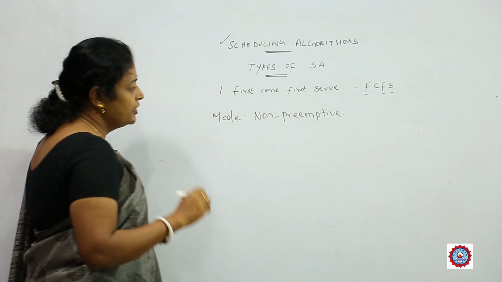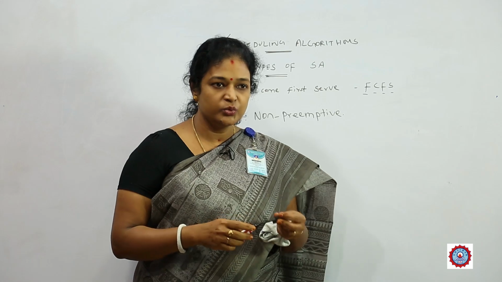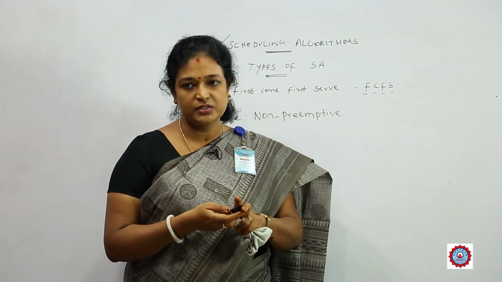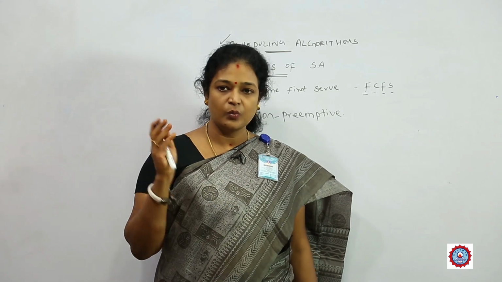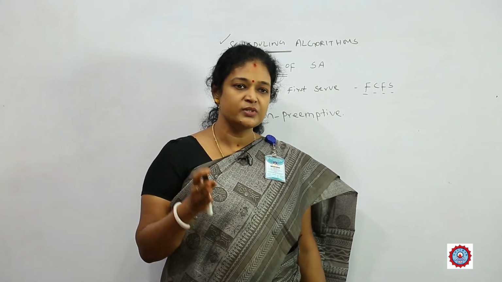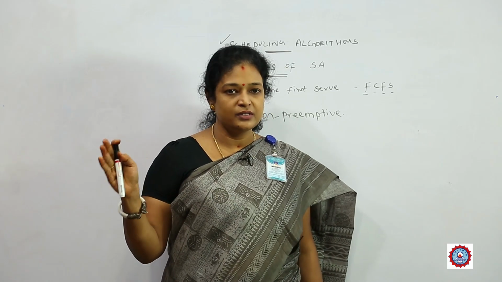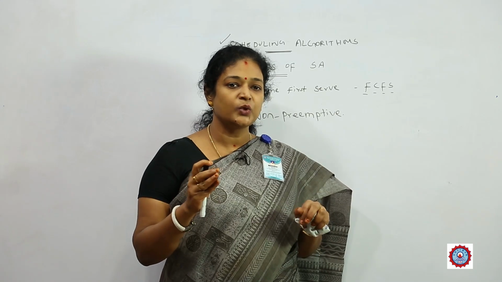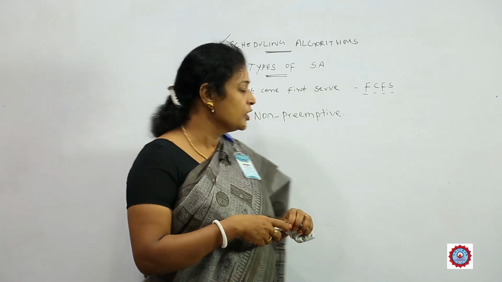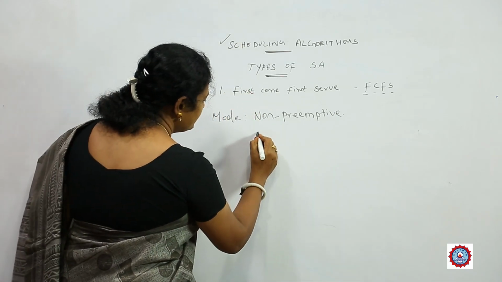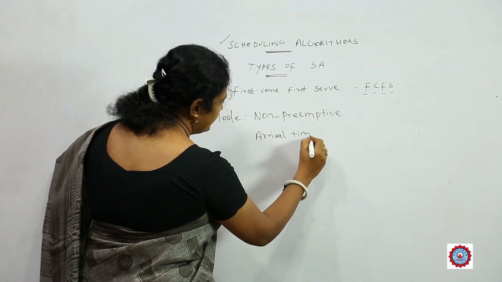Means that if any other processes which are in the ready queue ask for the CPU, that request will not be accepted. Only the current process under execution will be allowed to complete its task, and the next process, based on the arrival time, will be allocated to the CPU. So, non-preemptive and it is based on the arrival time.